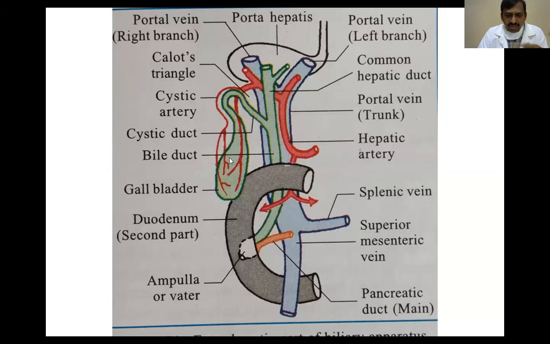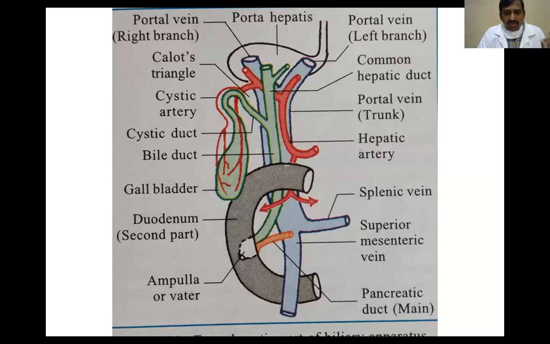Because of this, there is a chance for the formation of gallbladder stones, or cholelithiasis, that is, the formation of stones in the gallbladder. That is a very common clinical condition. It is more common in the pale, fatty, after 40, fertile female.